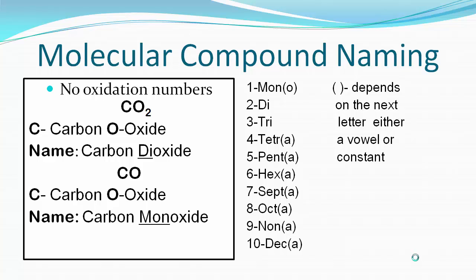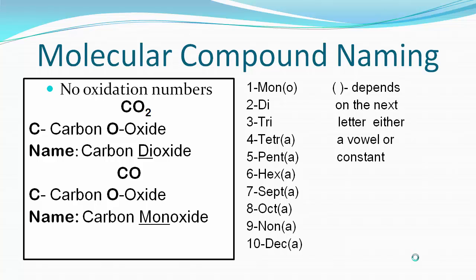The second one comes later, and we still switch it to IDE. So oxygen becomes oxide. So the name is carbon dioxide. Now why is it di? Because there's 2. If you look at the chart on your right, which we'll get to in a moment, it tells you what the names are by the number, the subscript.